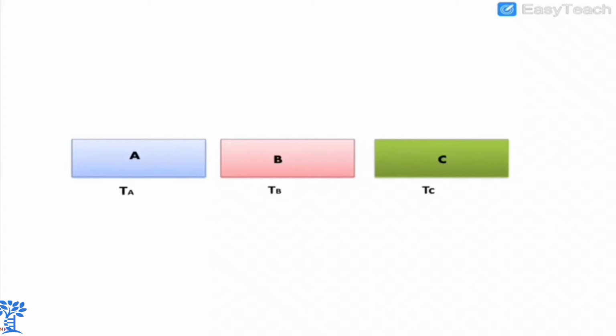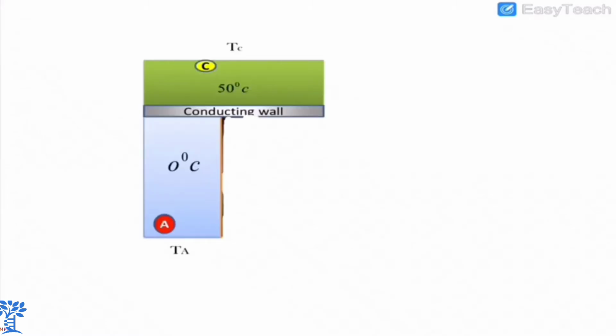For better understanding of the zeroth law, here I am considering three systems, A, B, C. The temperature of A is represented as TA, the temperature of B is represented as TB, and the temperature of C is represented as TC. If the system A is connected with C by using a conducting wall, the temperature of the system A is 0 degrees Celsius and the temperature of the system C is 50 degrees Celsius.